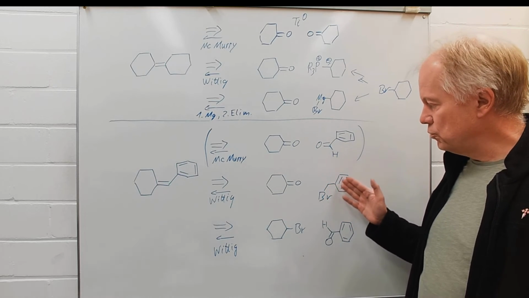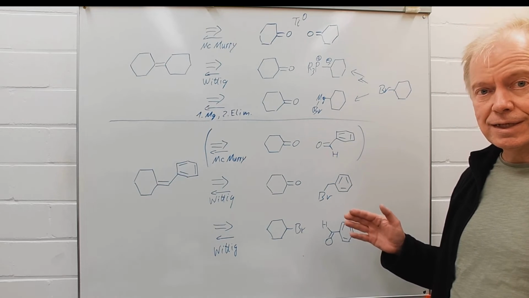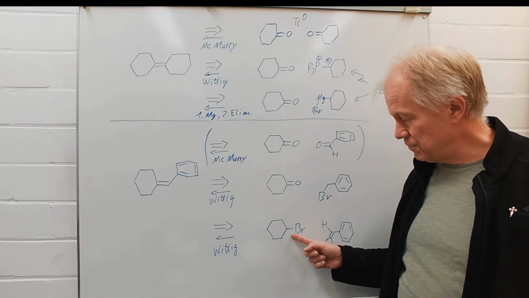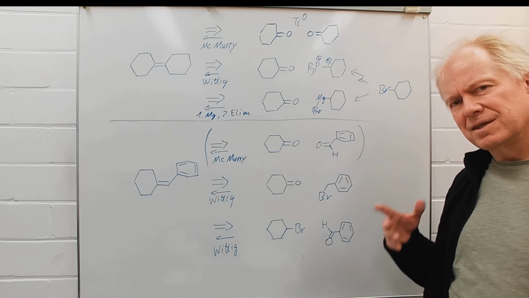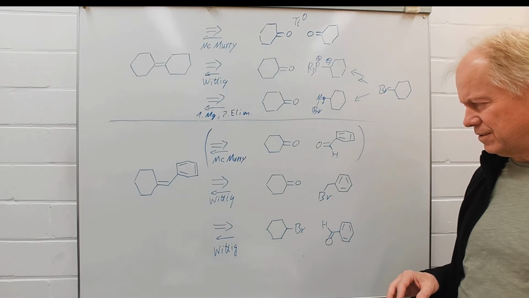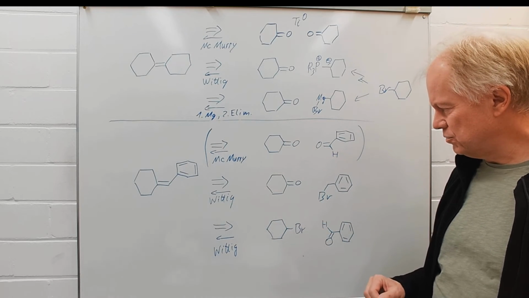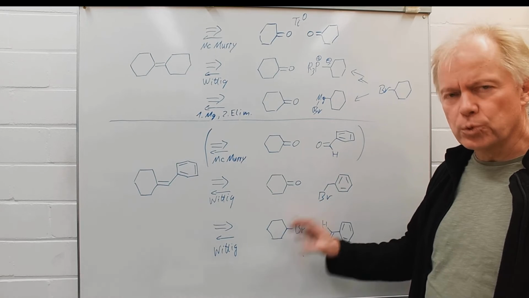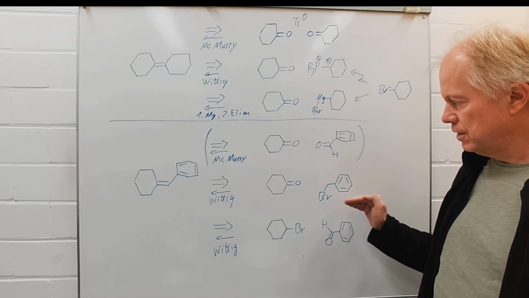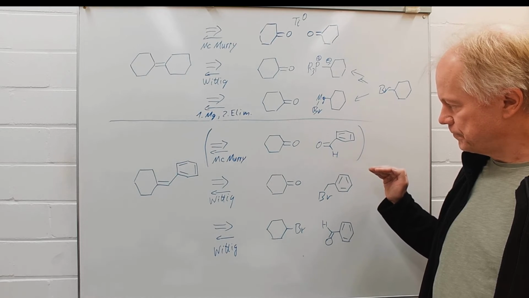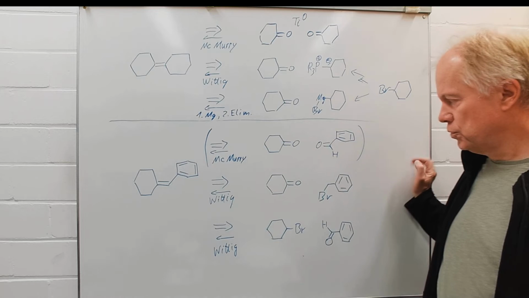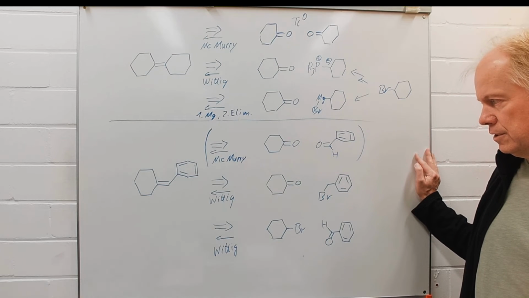It's more reactive for an SN1 process, while here with the secondary bromide an SN2 process, some steric hindrance, it would work, but not as good as this one. So with Wittig, we would start with these 2 starting materials.